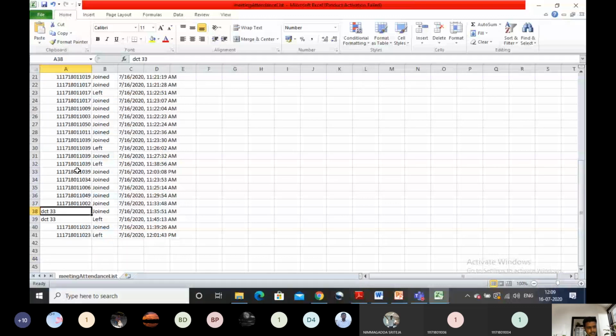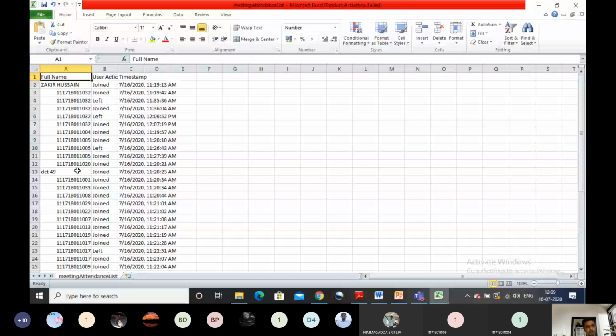33. Based on this attendance sheet only, you are going to get attendance. The members who are left will not get any attendance. 32 has joined and is there now also, she will get it, and 4 joined.